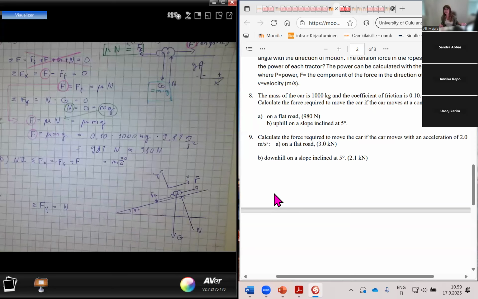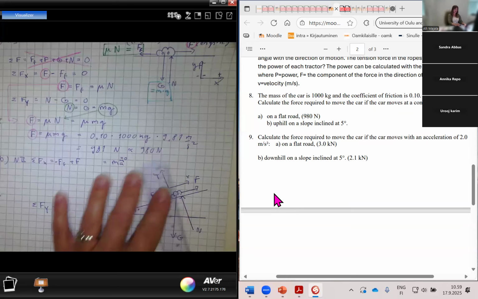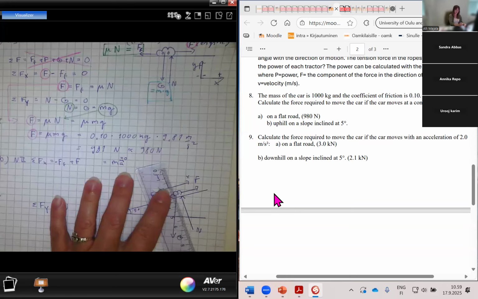Yeah, the components. So they can be called vectors or components.